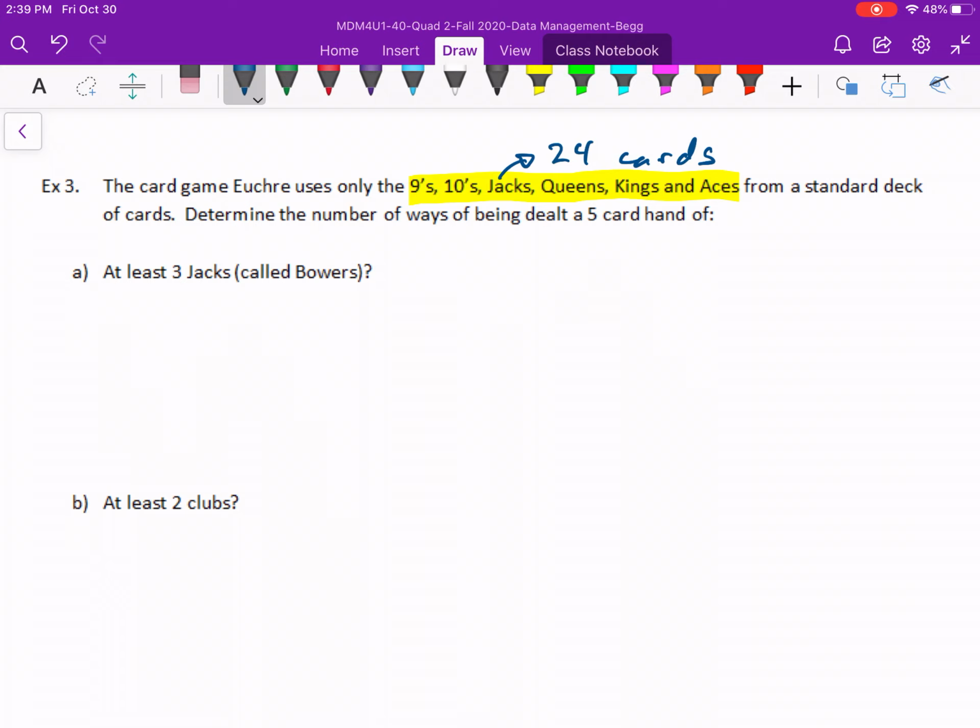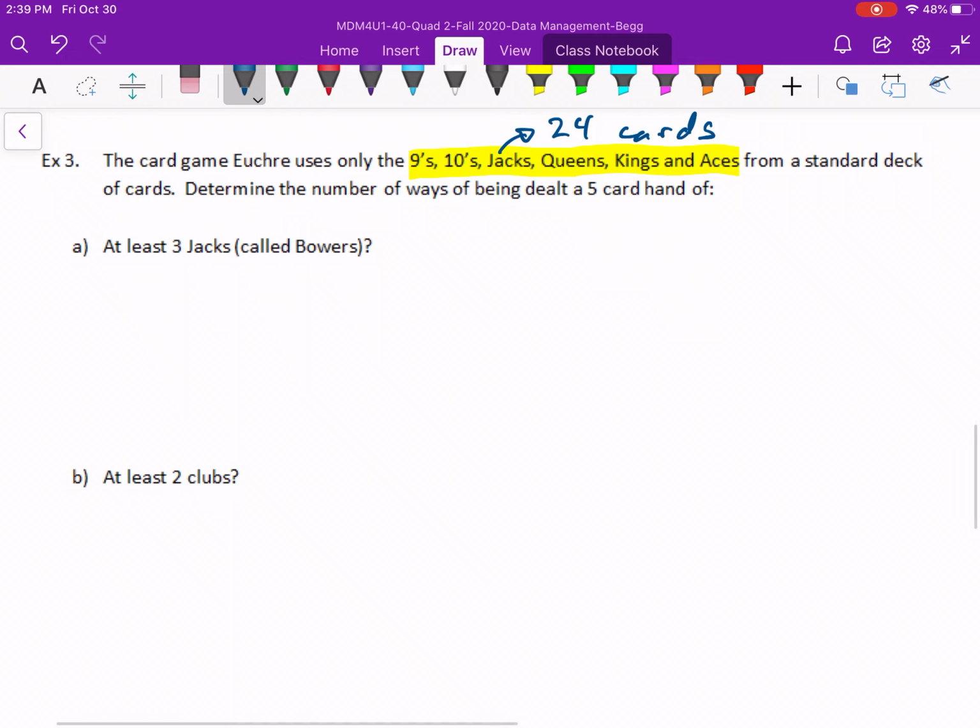Determine the number of ways of being dealt a 5-card hand of, let's see, at least 3 jacks. So again, that old "at least" thing. Maybe I want to use the indirect method, but maybe I don't. The way I decide is I decide which is going to be more work.